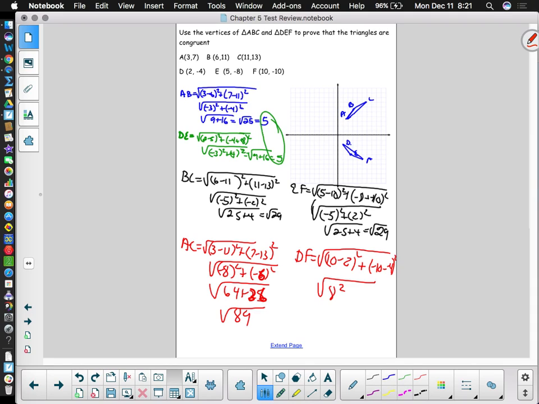It must be a Monday. 7 minus 13 is 6, 36, 64, and 36 is the square root of 100, which is 10. There we go. When they didn't match up, the first thing I checked was, did I add or subtract wrong? And sure enough, 7, 13, that's not a 5, that's a 6.